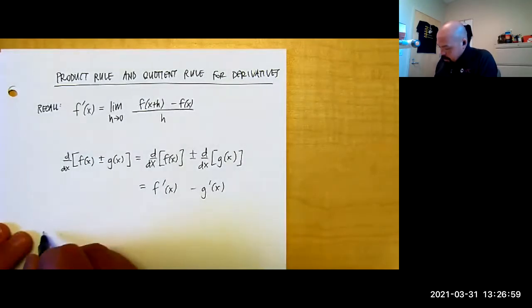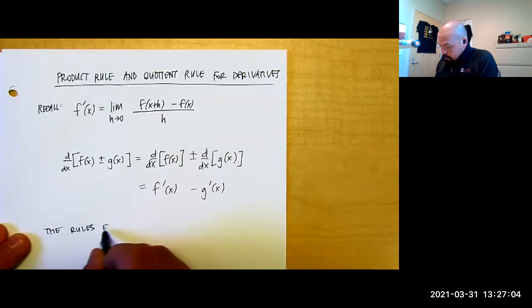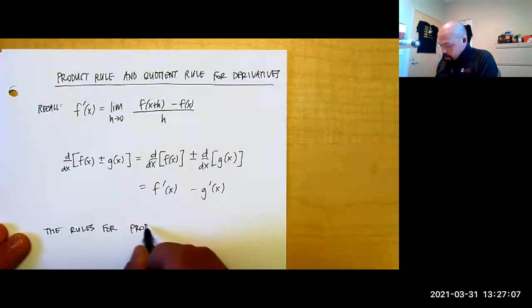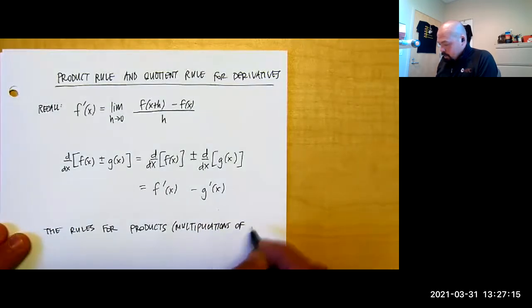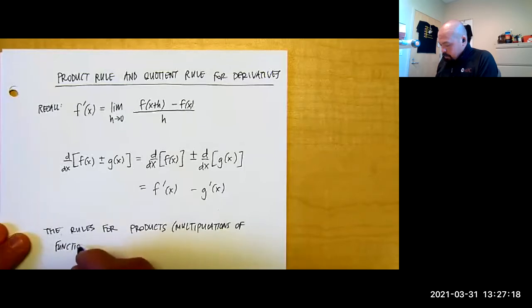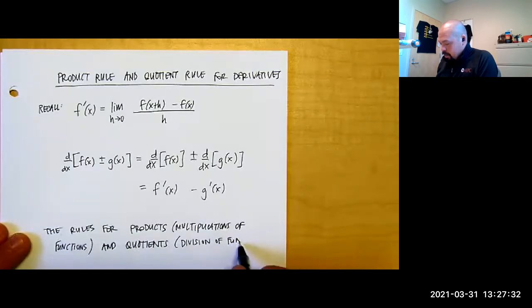But the rules for products, right, multiplications of functions, and quotients, right, basically the division of functions, are a little more complicated.